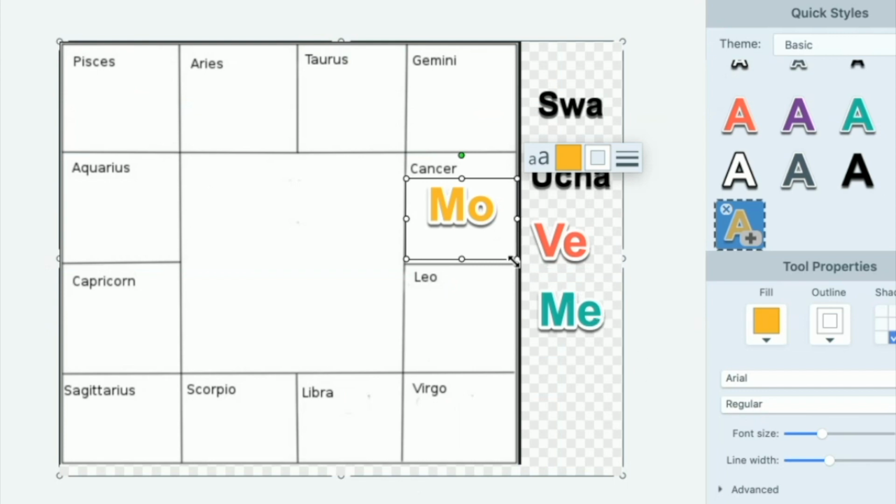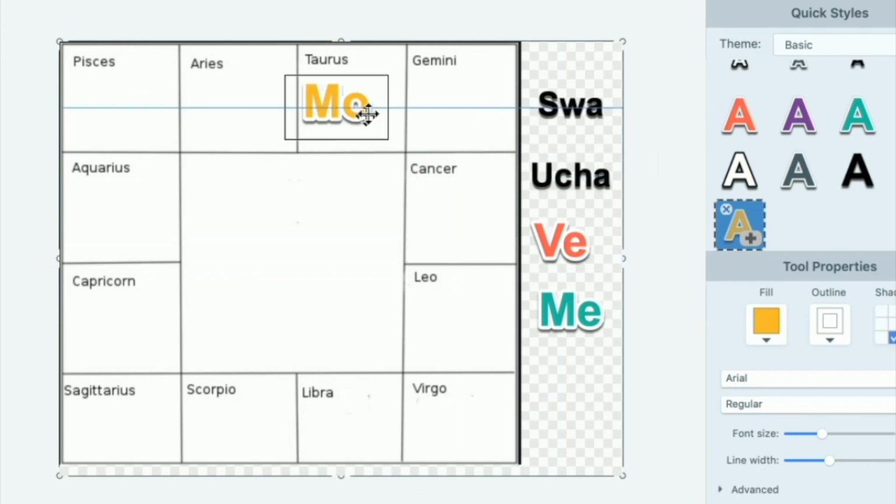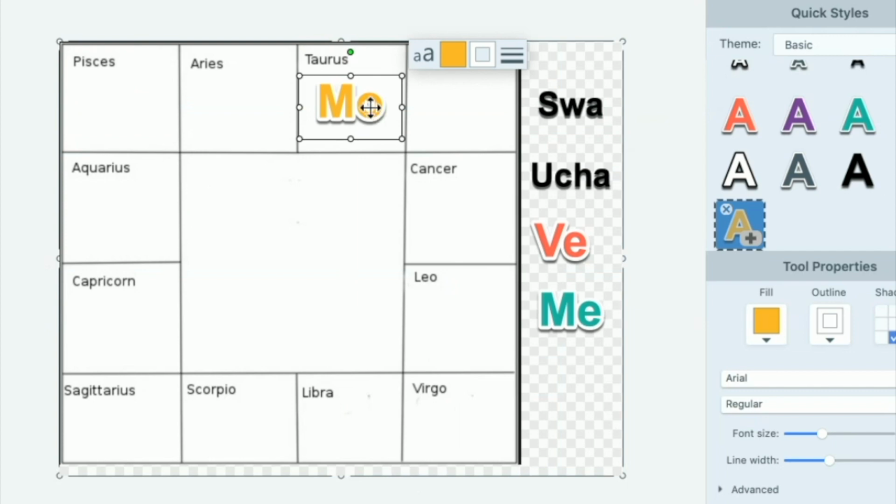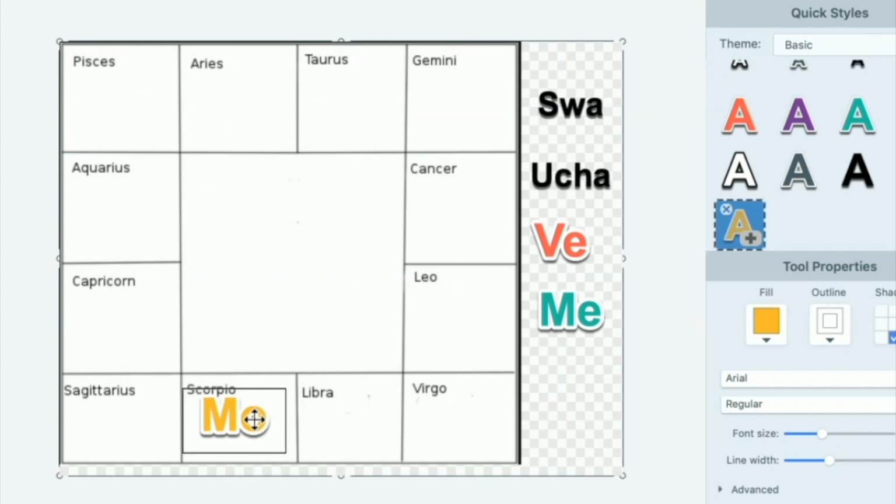Moon is exalted in Taurus, and Moon is debilitated in Scorpio.